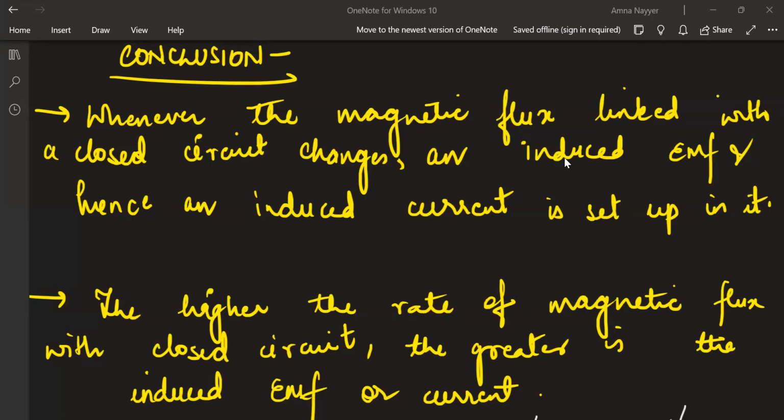When this happens, there is an induced EMF. According to his experiments, the galvanometer moved in the coil, so induced EMF and induced current were observed. That's what's written: whenever the magnetic flux linked with the closed circuit changes, an induced EMF and hence an induced current is set up in it. Is the confusion clear now? Yes, ma'am.